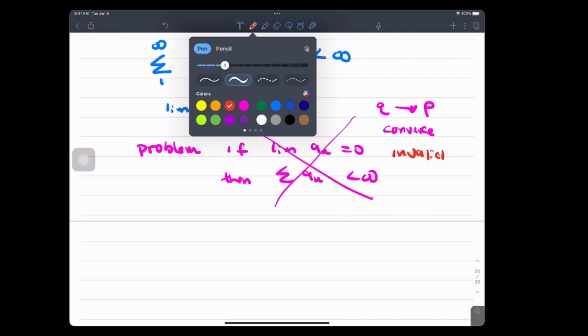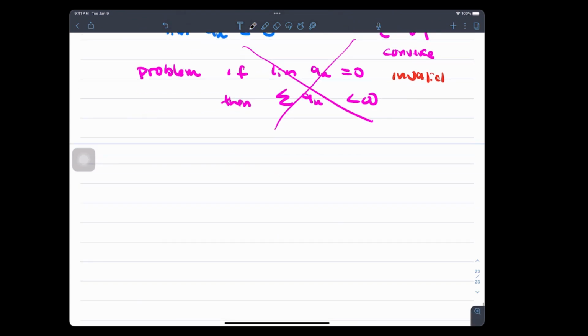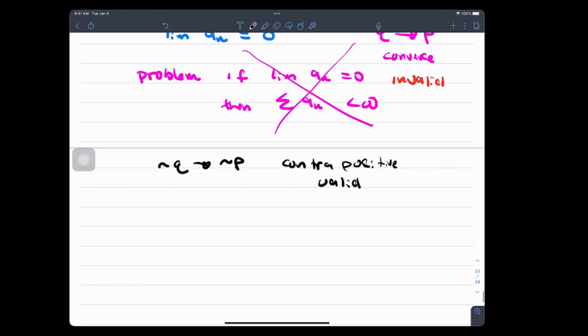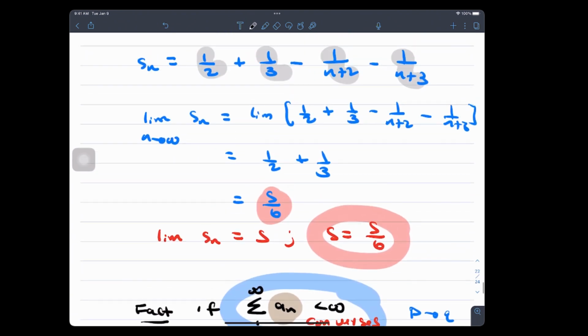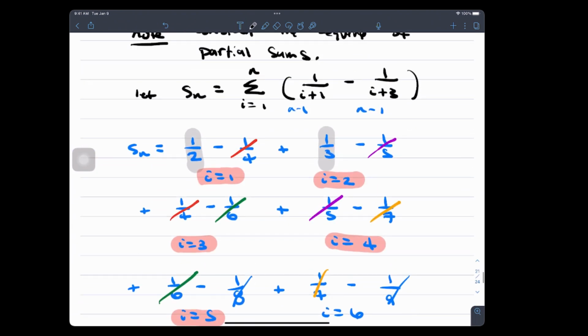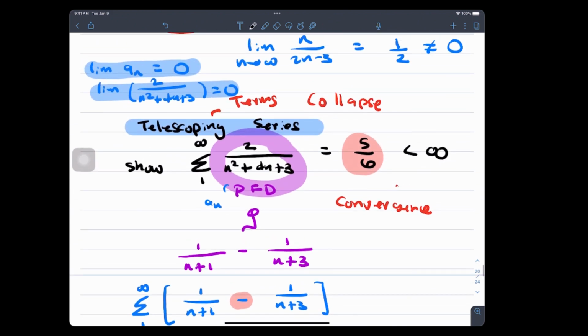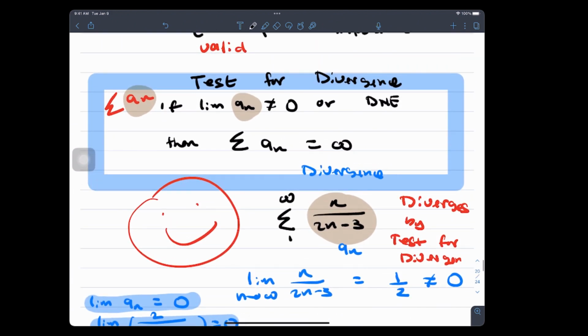But for every conditional that's valid, the contrapositive statement is valid. And this is where we get this test for divergence. It's the contrapositive statement. This is the gold here.